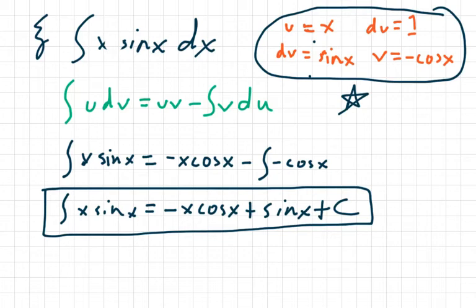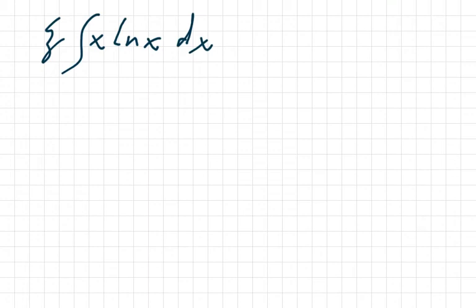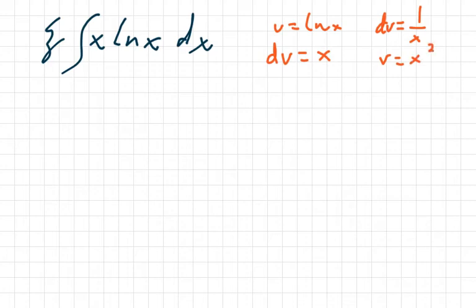All right? Let's go do this one. Here's a perfect example where we got ln x. So if I'm following the tip, I'm saying u equals ln x without even thinking about it. My dv is going to be x. My du is 1 over x. And then my v is x squared over 2 when I integrate x.